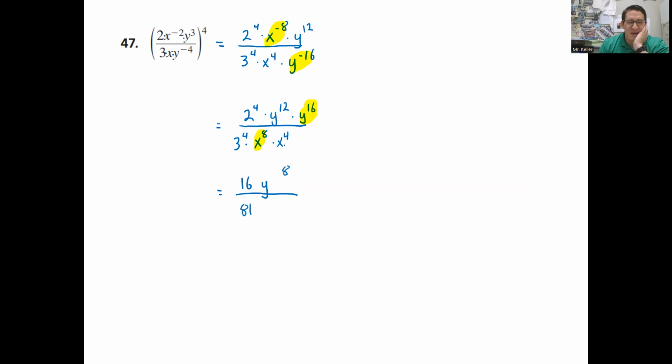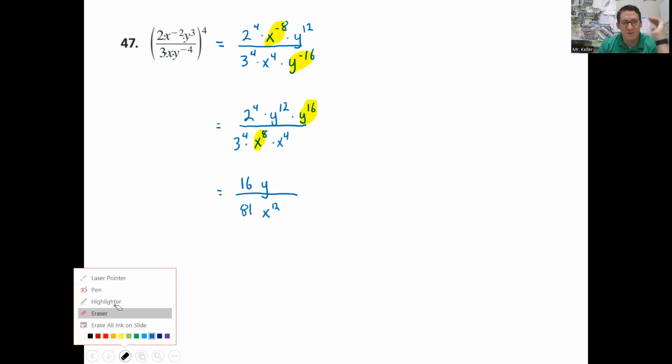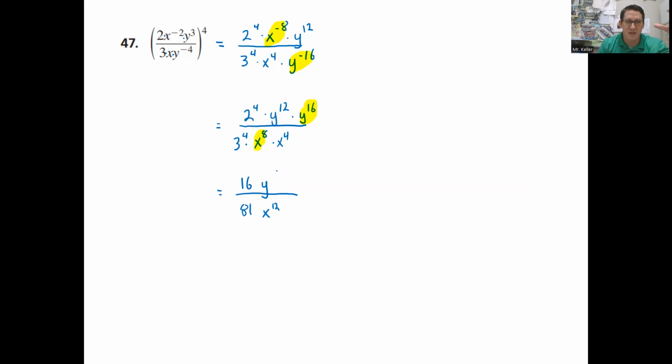X to the 8th times x to the 4th is x to the 12th. And there we go. So it looks like a lot, but if you just look at each piece individually, step by step, it is not too bad. There we go. 16 y to the 28th over 81 x to the 12th. I think that's going to do it for us.